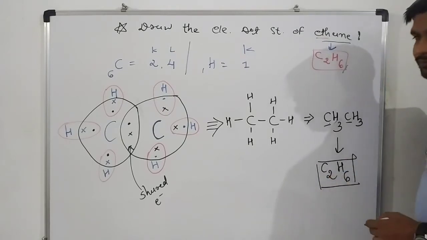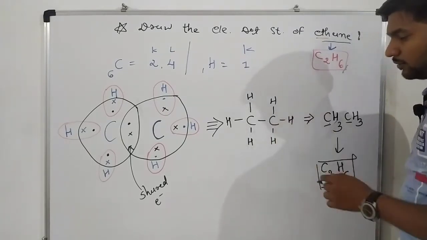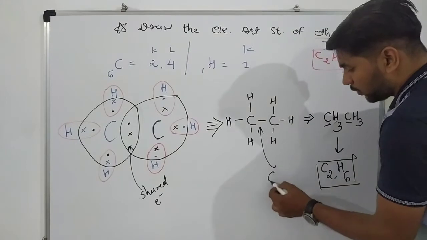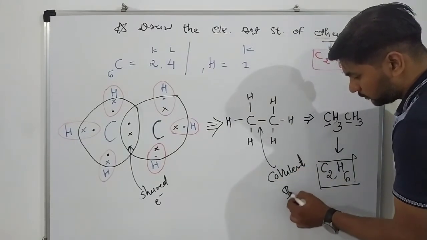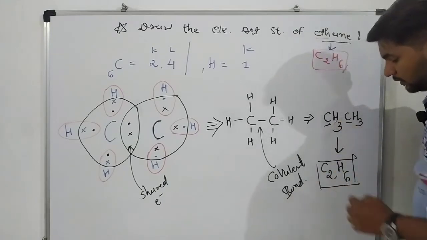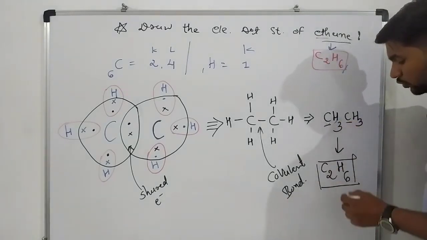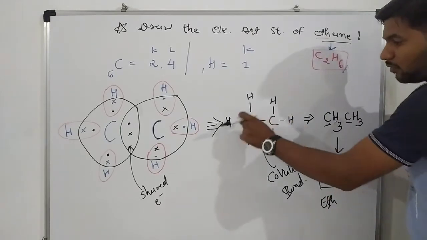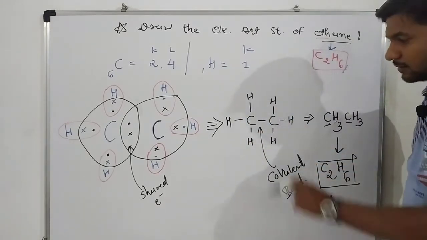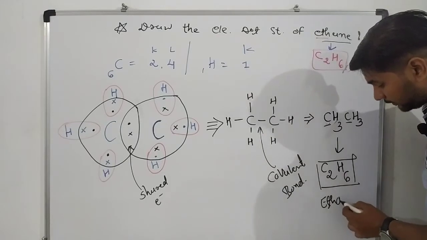Because of 2 carbons and all single bonds, here is the covalent bond. Here 2 carbons, so it is eth, and all are single bonded, so it is ethane.